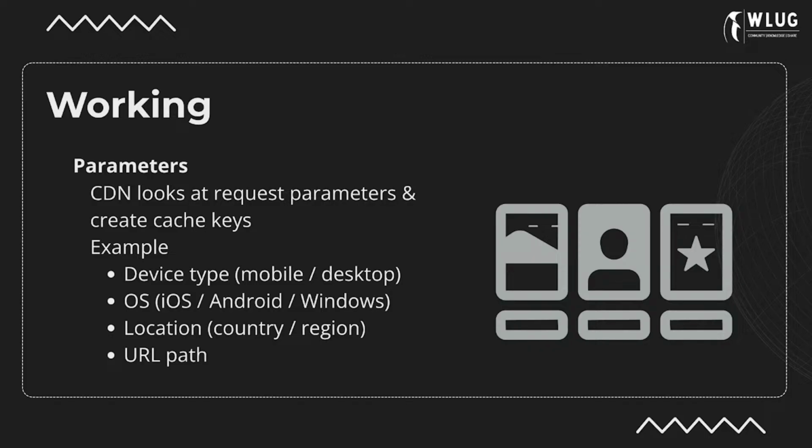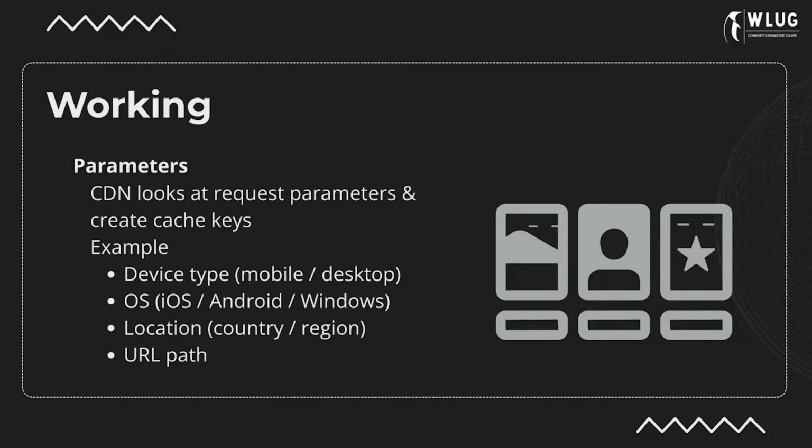It's a kernel. Are you using a Linux-based operating system? Maybe Ubuntu, or are you using iOS, Windows? Another parameter can be the location that you're accessing it from: India, Nepal, Sri Lanka, or your URL path that you're working on.